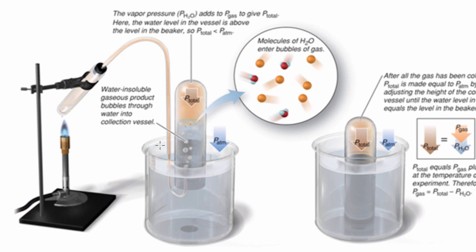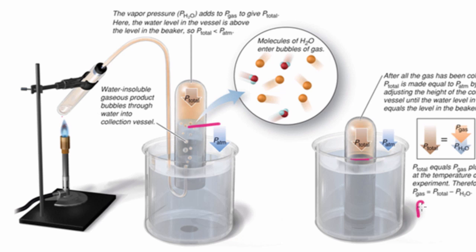We collect the gas, and then we lower this tube in order to make the total pressure equal to the atmospheric pressure. So we make sure that this level is equal to the water level in the beaker, and that means the total pressure will be equal to atmospheric pressure.